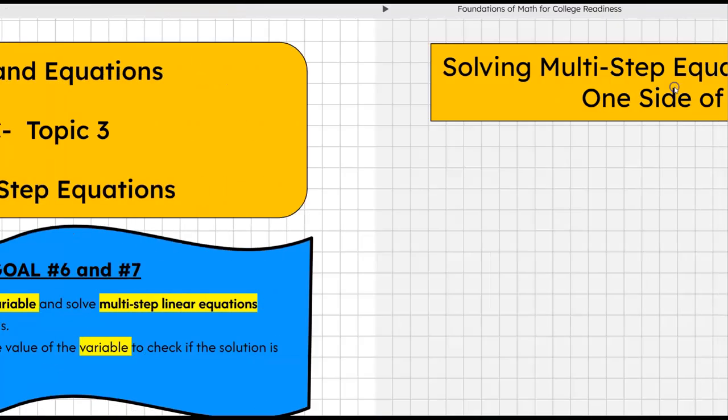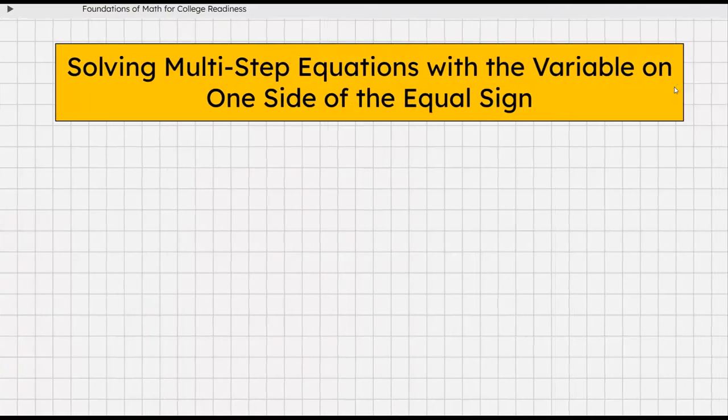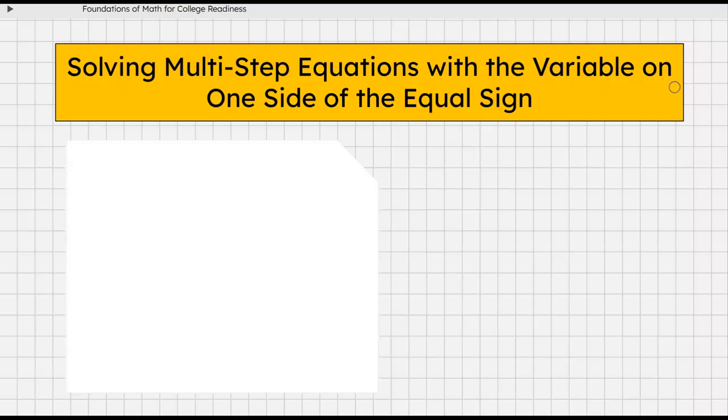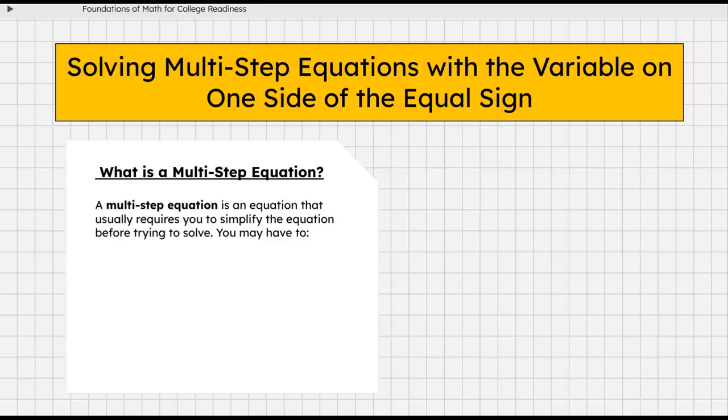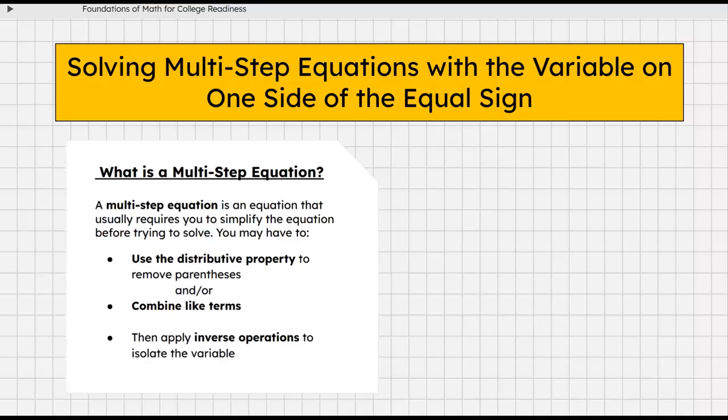Let's get started. Solving multi-step equations with the variable on one side of the equal sign. So, what is a multi-step equation? A multi-step equation is an equation that usually requires you to simplify the equation before trying to solve. You may have to use the distributive property to remove parentheses or combine like terms.